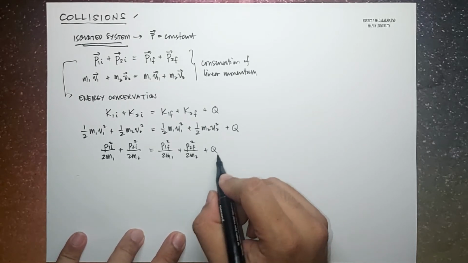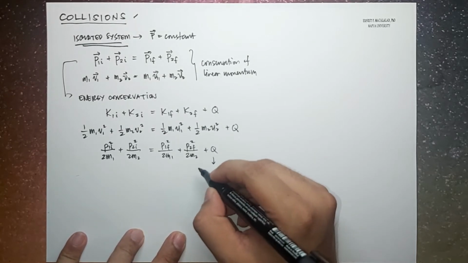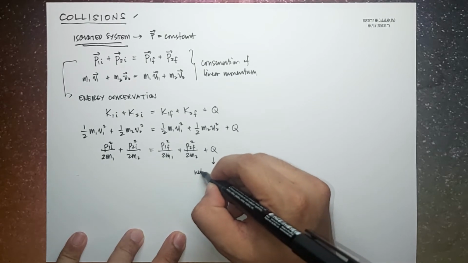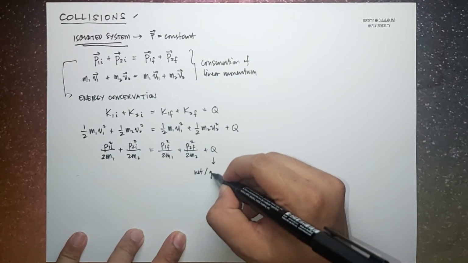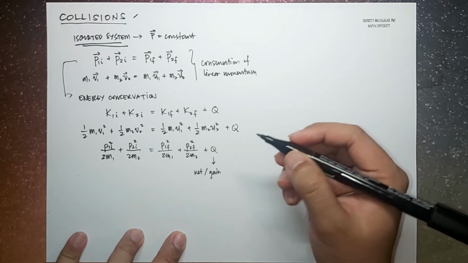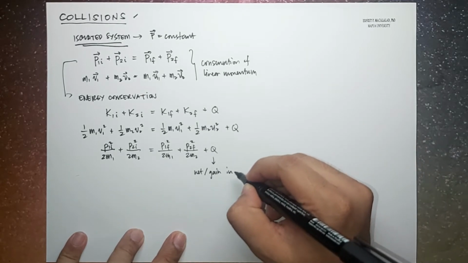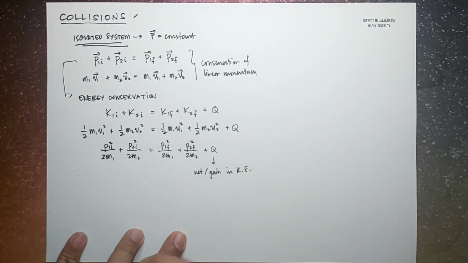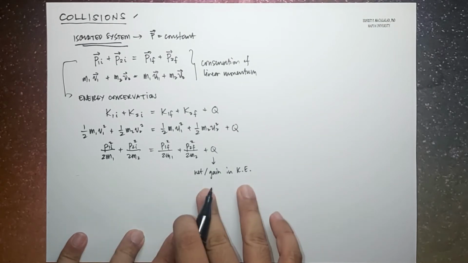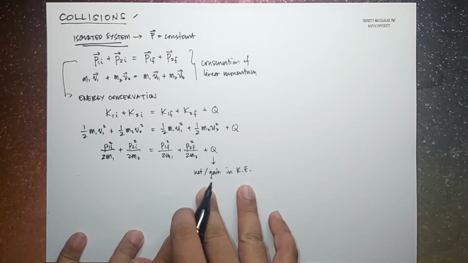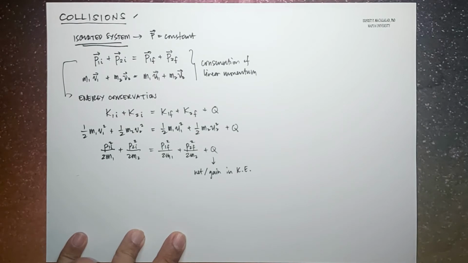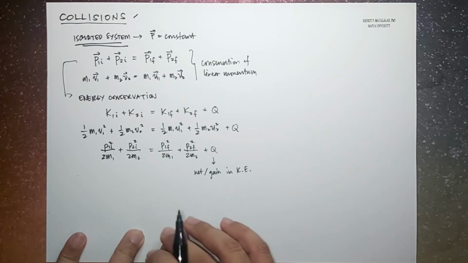So again, Q here is your net loss or gain in kinetic energy, and it is brought about by the collision between these two particles.